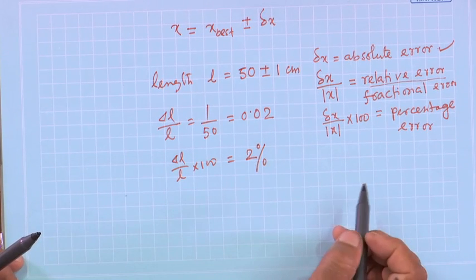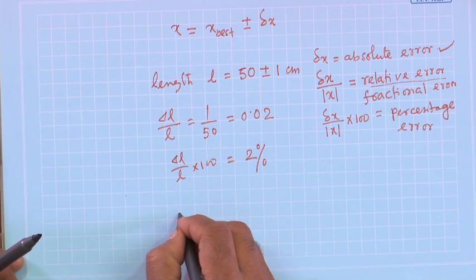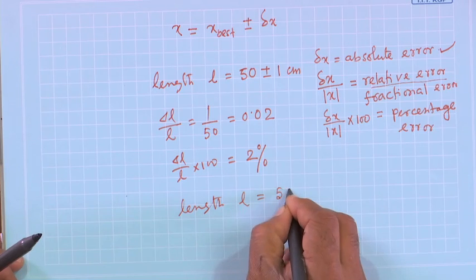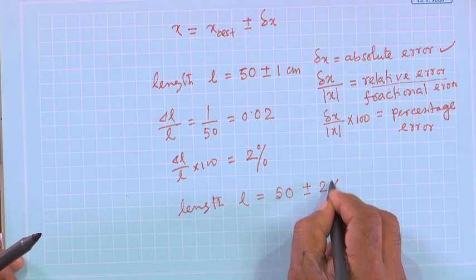Then you can write the result: length L equals 50 plus minus 2%.